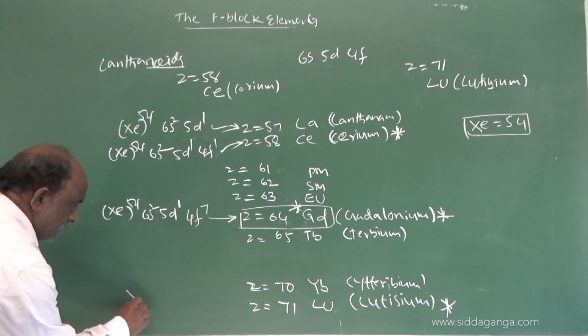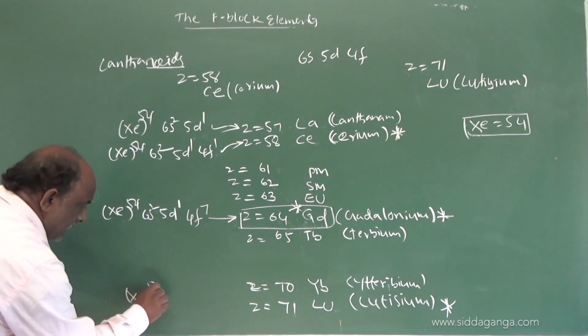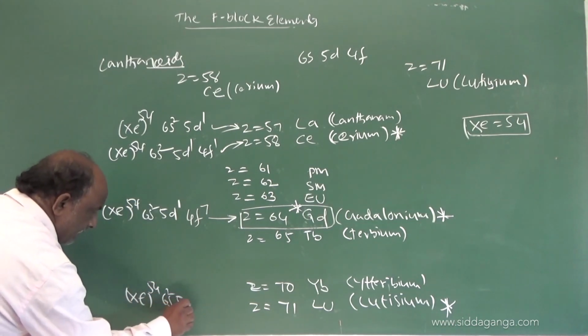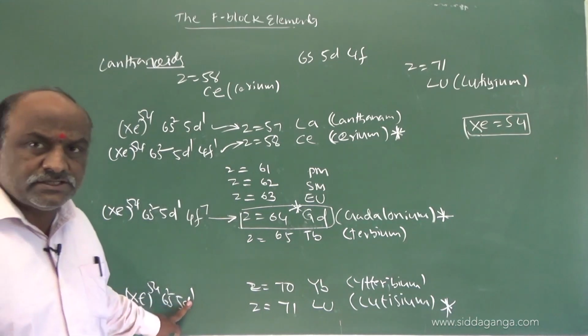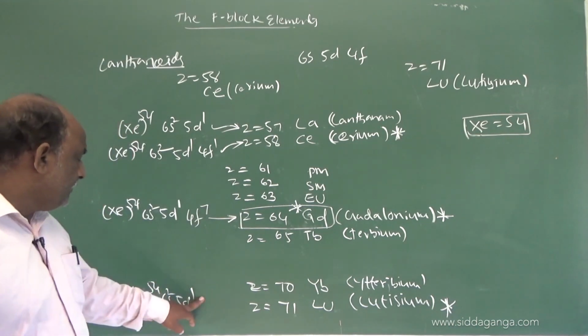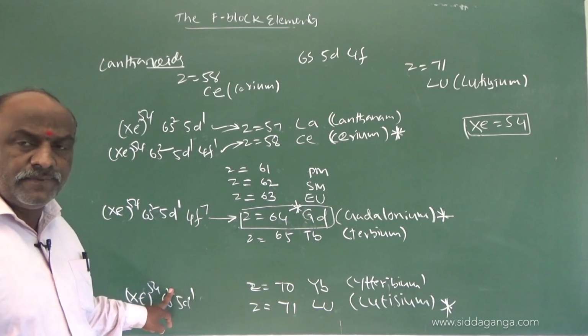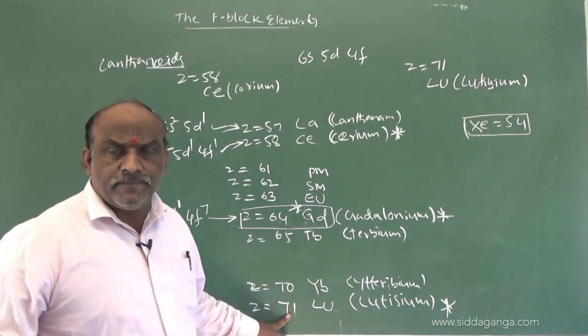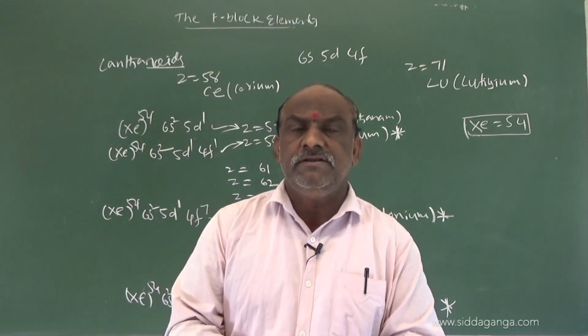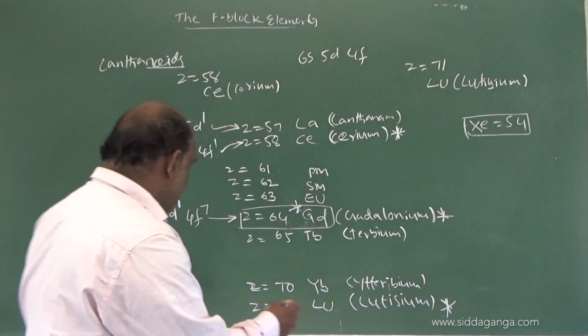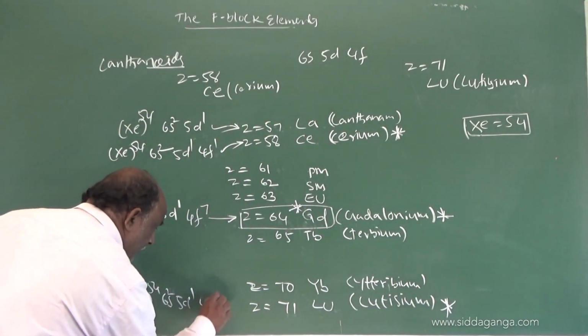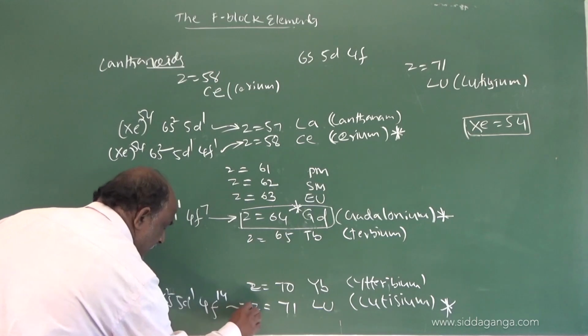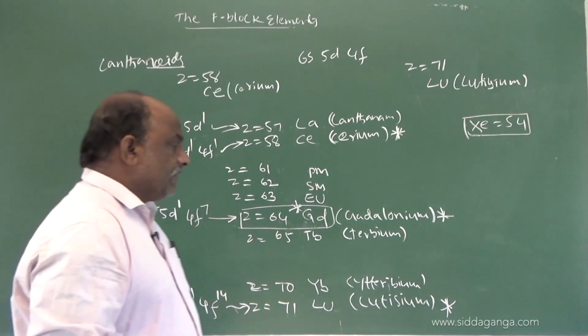Coming to this one, xenon 54, 6s2, 5d1, that is 54, 55, 56, 57. 71 minus 57 gives 14. So here 4f14. This is the configuration of lutetium.